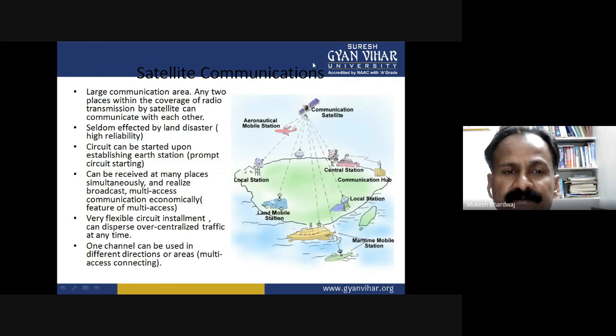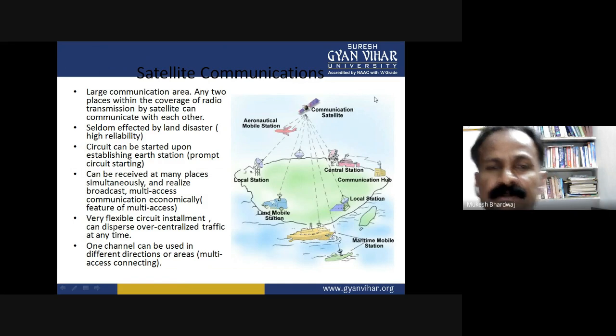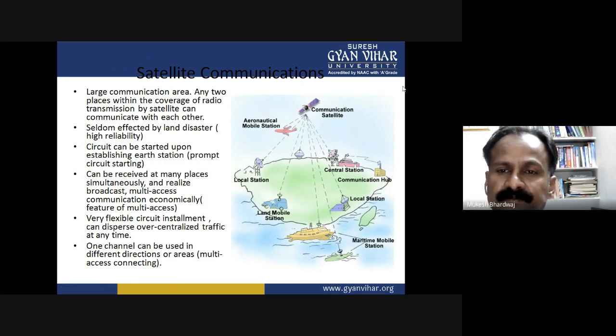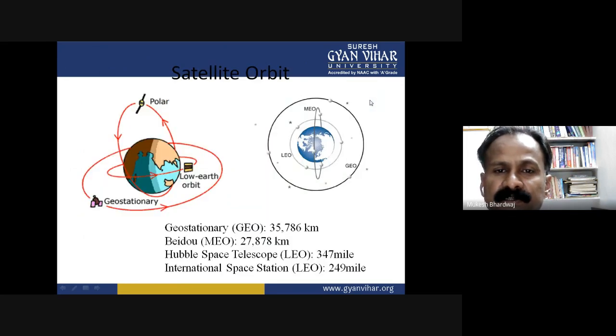Satellite communication. So we will take this satellite communication in the next lecture. Satellite orbits, geostationary orbit. GEO, MEO, and LEO are the three orbits, depending upon the kilometer range.